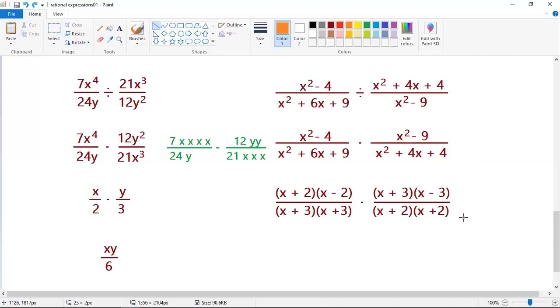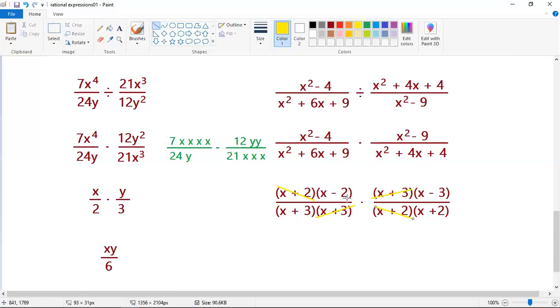So one more time. We work with common factors so we can cancel. The x plus 3 here is common with the x plus 3 in the denominator. So that's canceled out. The x plus 2 here is common with the x plus 2 here. So it's canceled out. So there are no more common factors here.